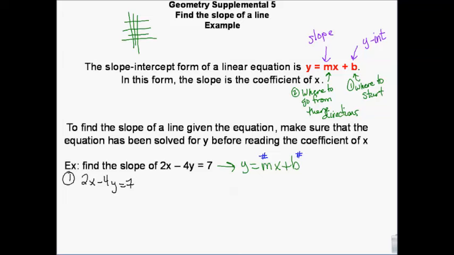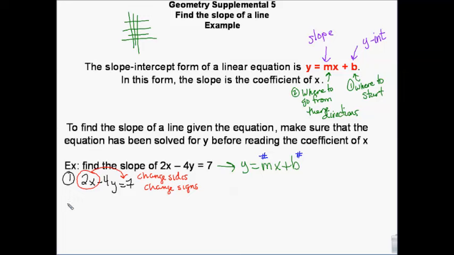So when I pick up X and I move it over here, if I change sides, I change signs. I keep the same number. It's just if I was positive here, I'm negative over there. If I was negative here, I'm positive over there.